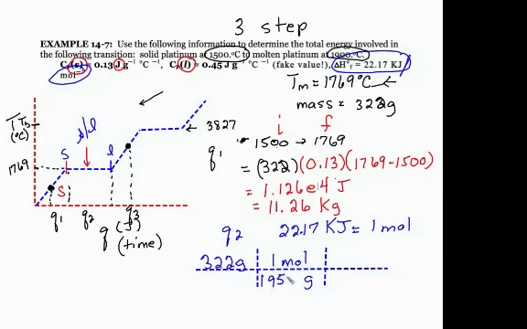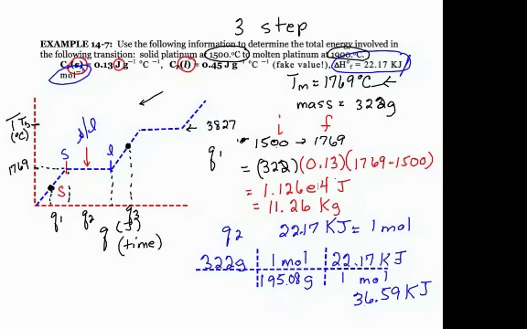The molar mass is 195.08. Now I'm going to use my heat of fusion as a conversion factor. 1 mole is 22.17 kilojoules. And when I complete that calculation, I get 36.59 kilojoules. Okay, for Q2.